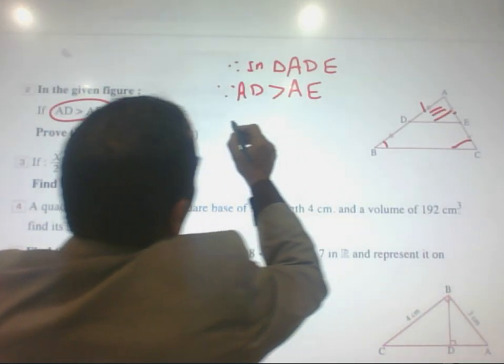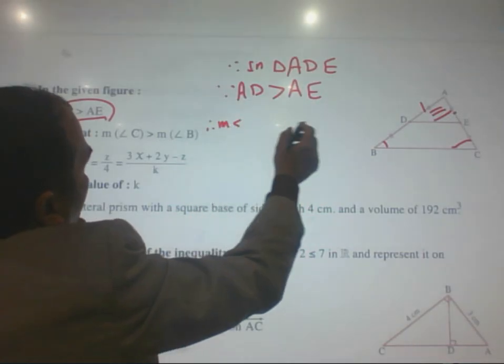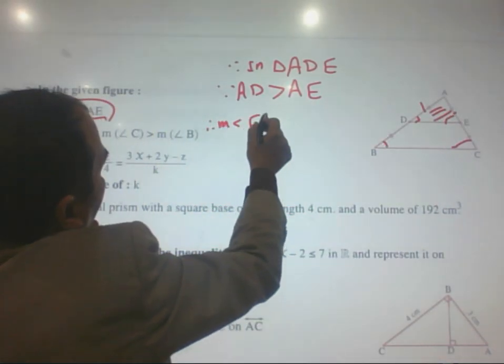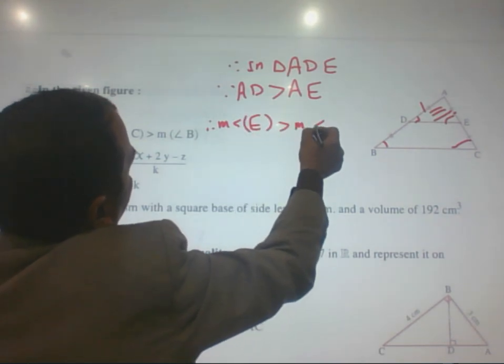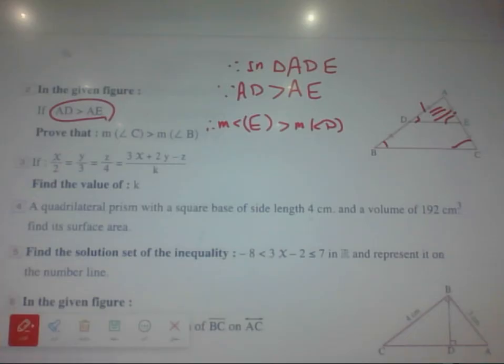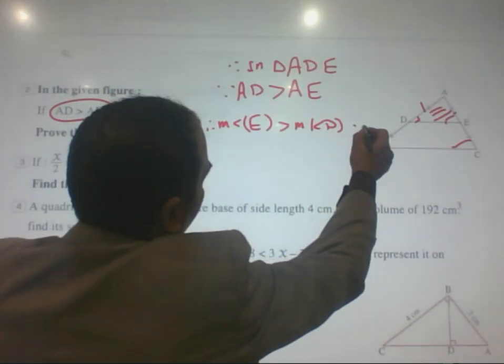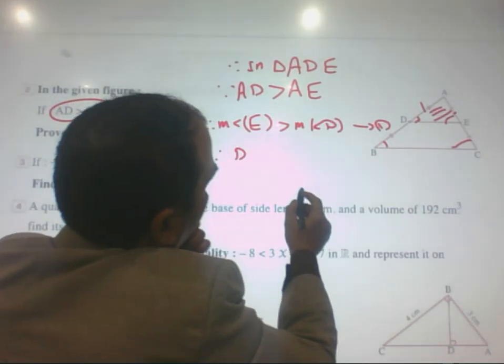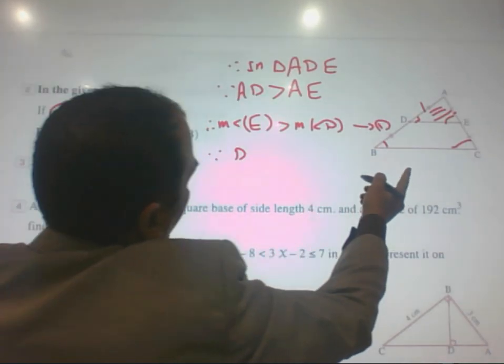Then the measure of angle opposite the longer side will be greater, so the measure of angle E will be greater than the measure of angle D, because angle E is opposite the longest side. Okay, this is relation number 1.